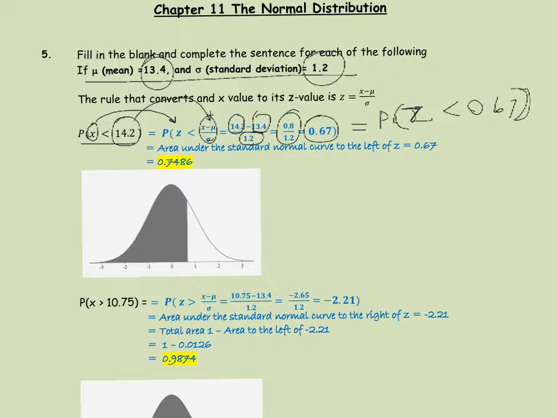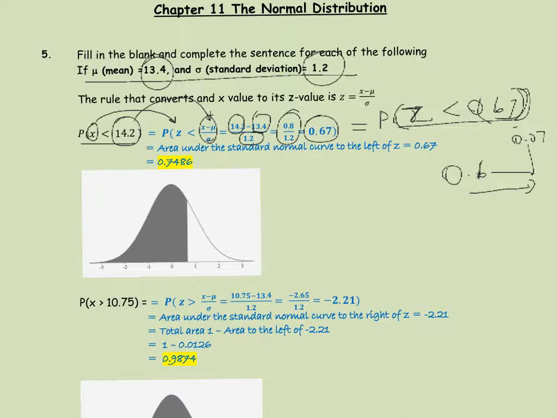Finding the probability that z is less than 0.67 can be solved by looking at the table of probabilities or areas, which is table B. So we identify the 0.6, and then we move to the right until we get the table entry corresponding to 0.07.